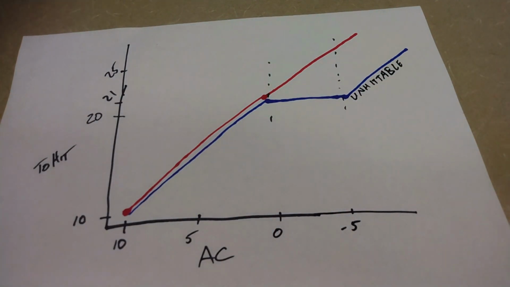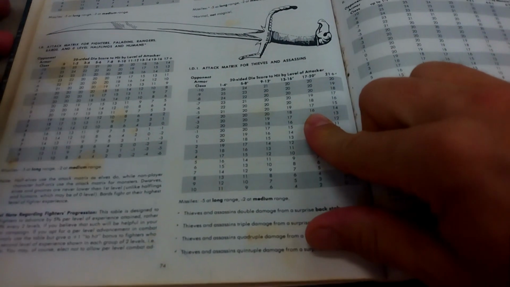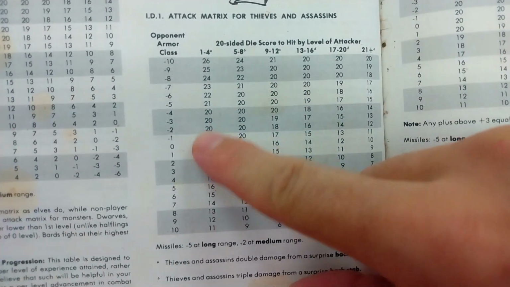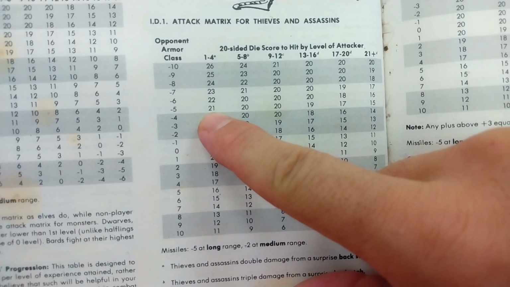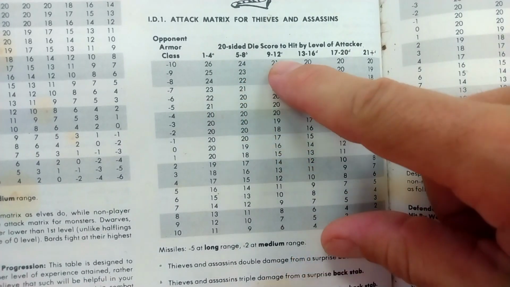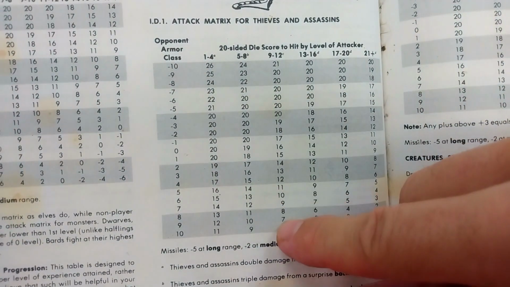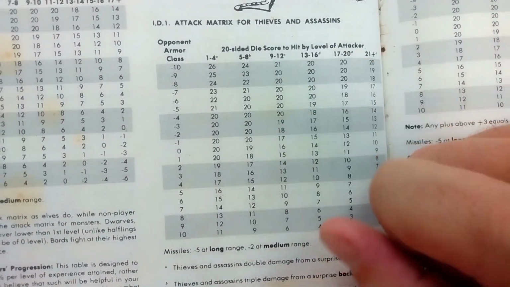And we've been looking primarily at the fighter table, where the 20 hits are the easiest. But what if you look at something like the Thieves? That unhittable zone starts at -5, and it persists even up to level 9, where at an armor class of -10, a thief has no hope of hitting.